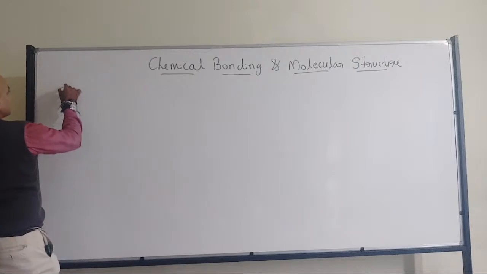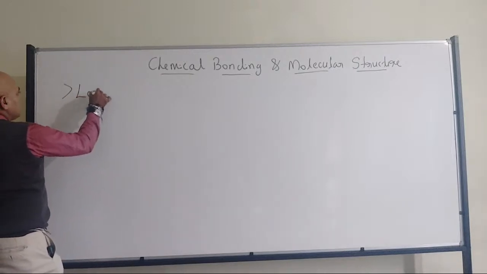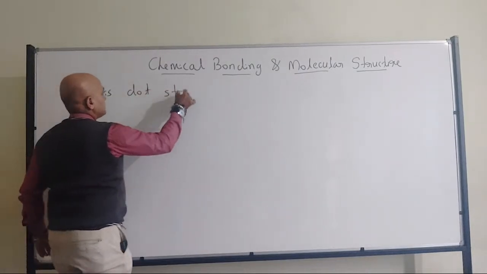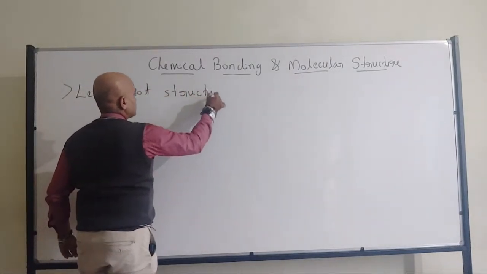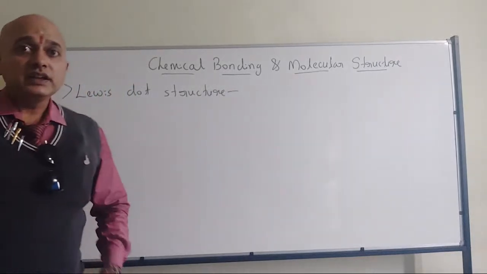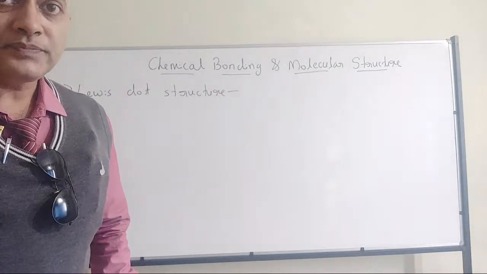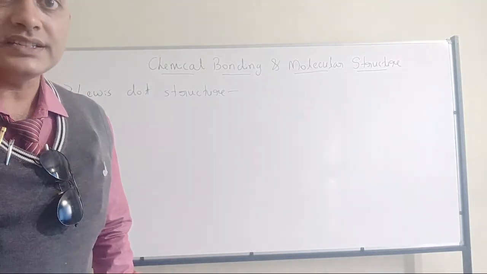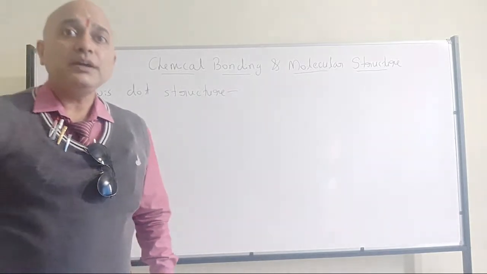So we have discussed about Lewis dot structure. Yes, very good. When I am talking about Lewis dot structure, it's going to give the information. Yes, Shuchita, it is related to bonding in a molecule.